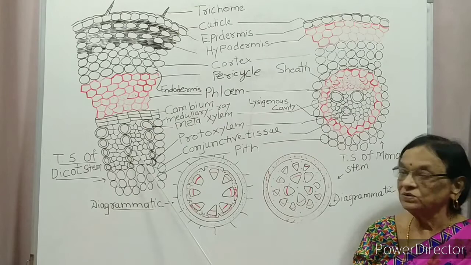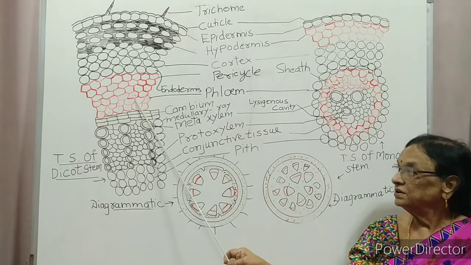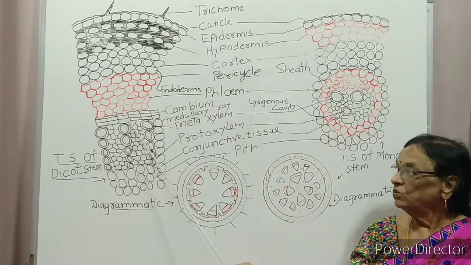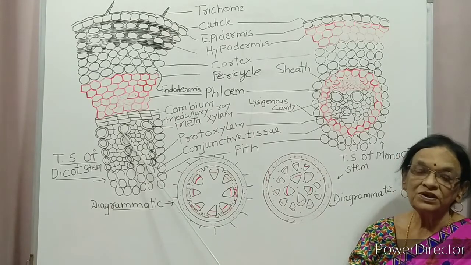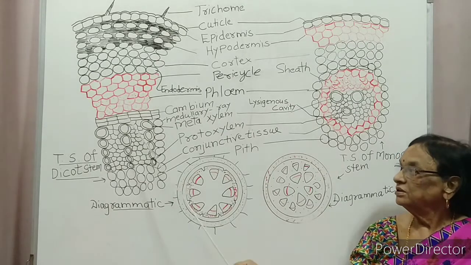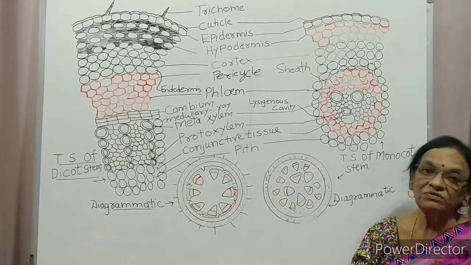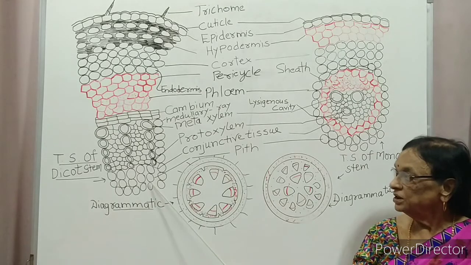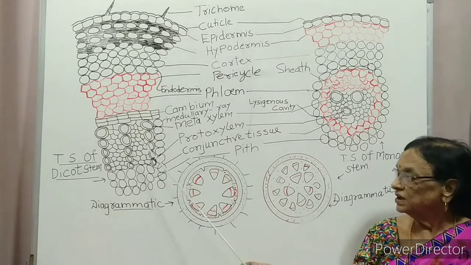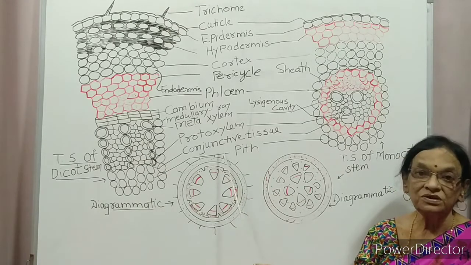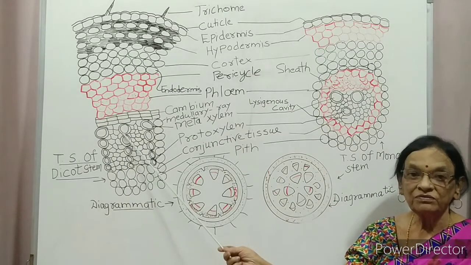So how is the vascular bundle of dicot stem? Conjoint, collateral and open. Conjoint means phloem and xylem are on the same radius. Collateral, phloem external. Open, having cambium. The middle part is called pith. In between the xylem are conjunctive tissue, connective tissue that connects the xylem vessels.